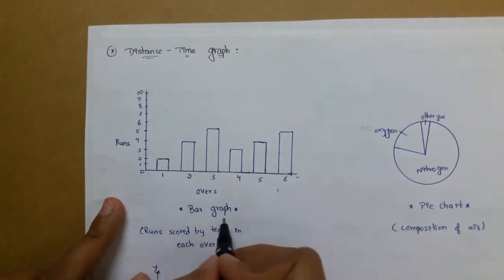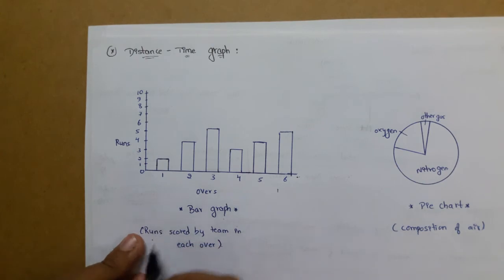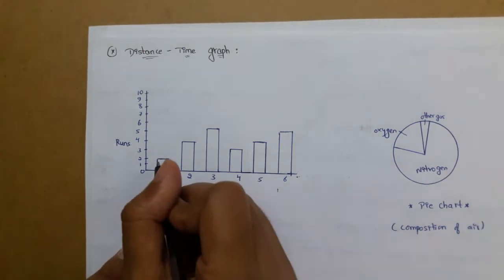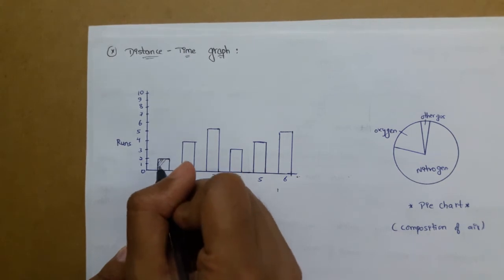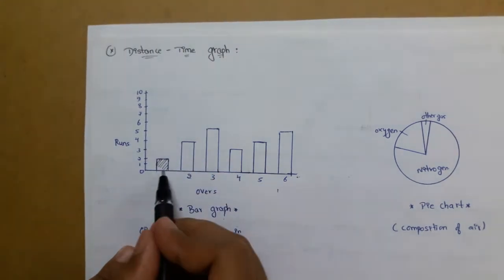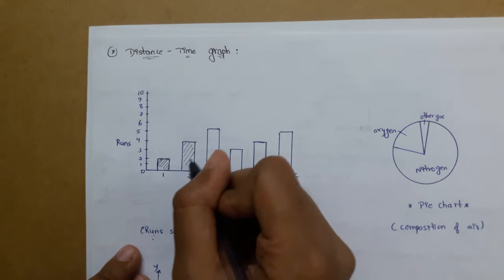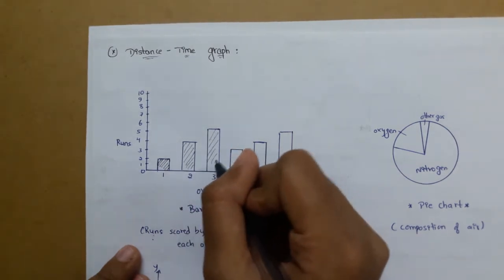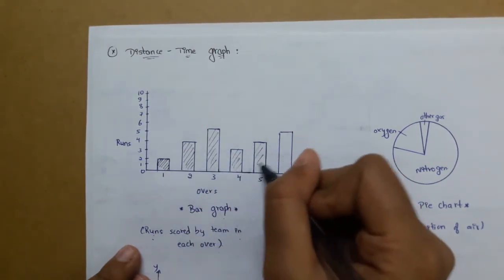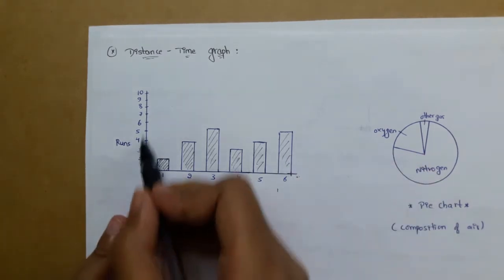First is the bar graph. The bar graph here shows the runs scored by a team in each over. Each block represents one over, that is the first over, this is the second over, third, fourth, fifth and sixth. These are the runs.